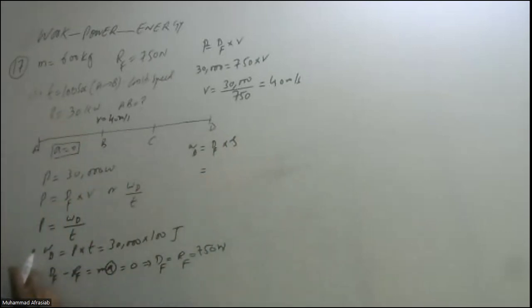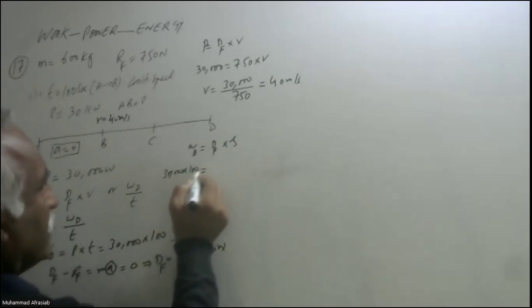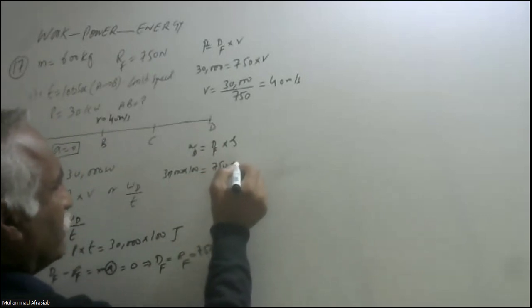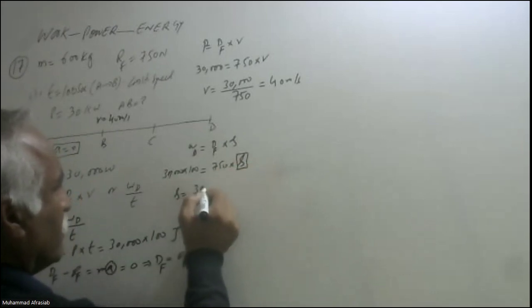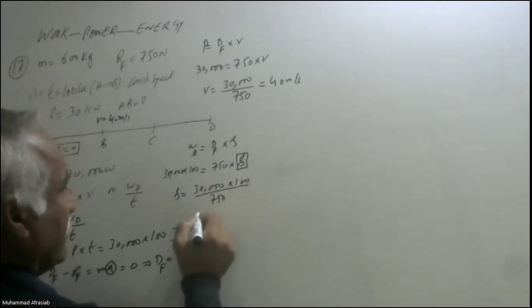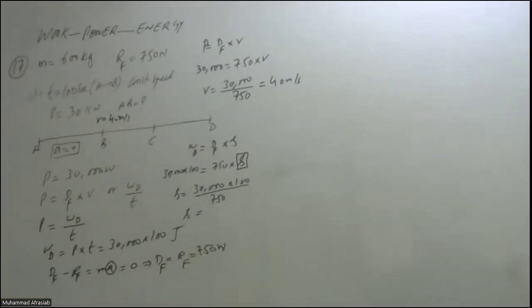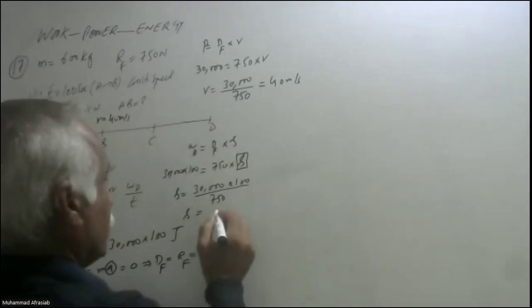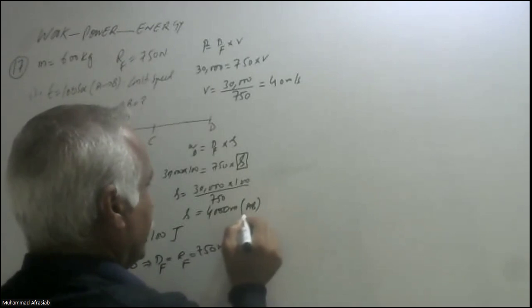So the work done by the driving force is 30,000 times 100, equal to 750 times the distance AB, which is denoted by S. So S is equal to 30,000 times 100 over 750, and this distance is equal to 400 meters for AB.